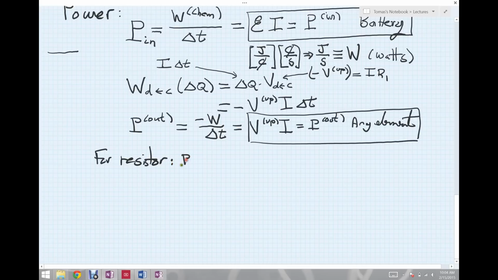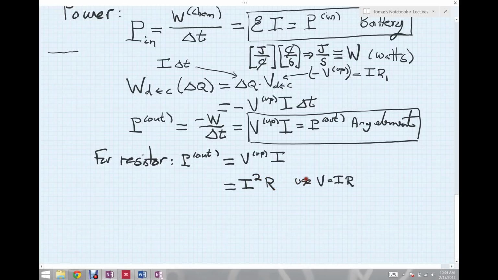So the power that is coming out of the circuit due to a resistor, I can write in this simple form here as I already have it, V up times I. Or I can use the fact that V equals IR, right? So I can substitute in for V the fact that V equals IR for a resistor. And what I will get then is IR times I, so two factors of I, giving I squared times R.